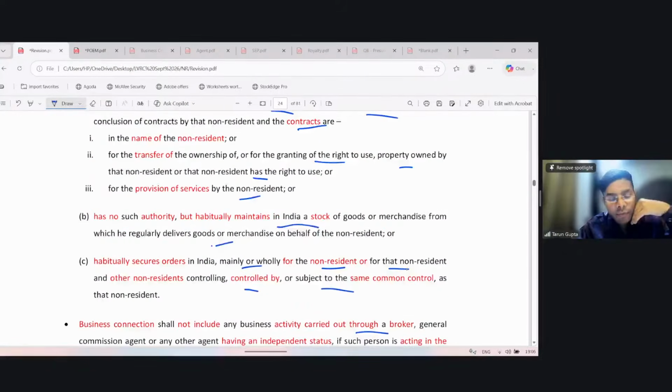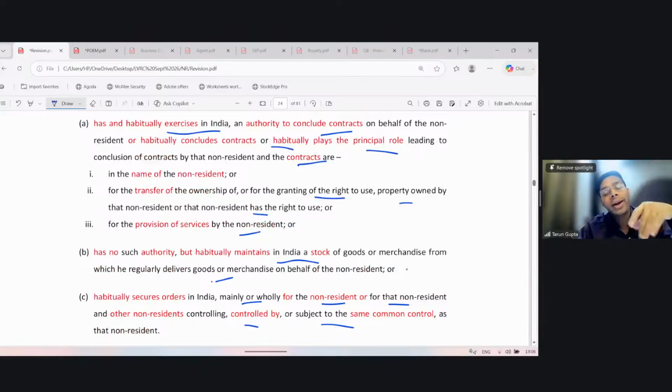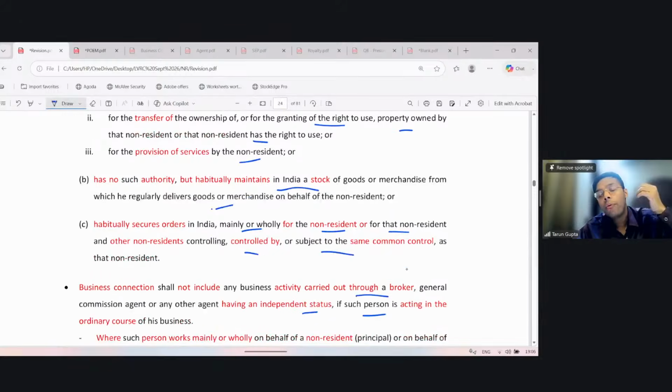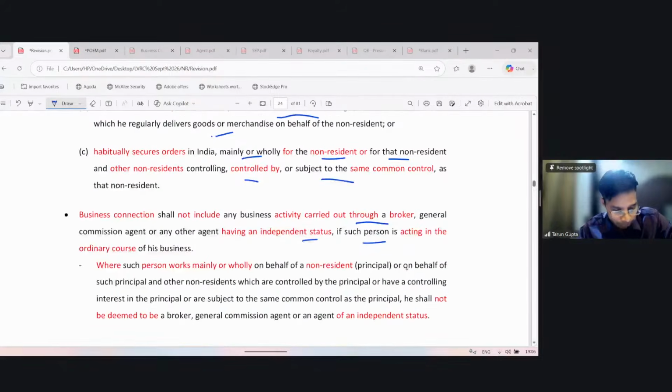If the activity referred to above, of concluding contracts, playing a principal role in conclusion of contracts, maintaining stock of the foreign NR, or securing orders mainly or wholly for the NR, is performed by an independent agent, then such activity will not constitute the business connection of the NR. However, if such activities are done by a dependent agent, that will constitute the business connection. Right.